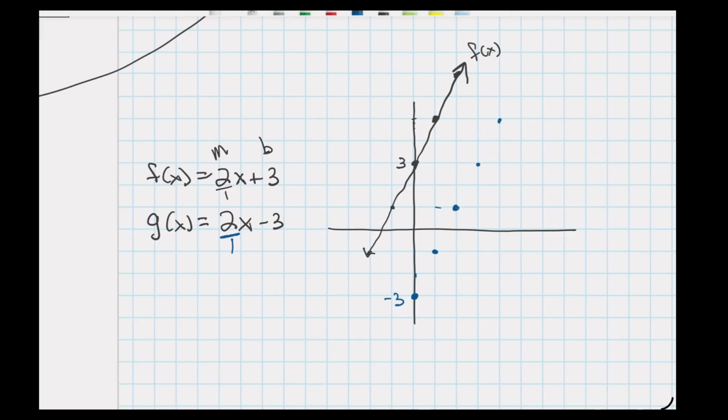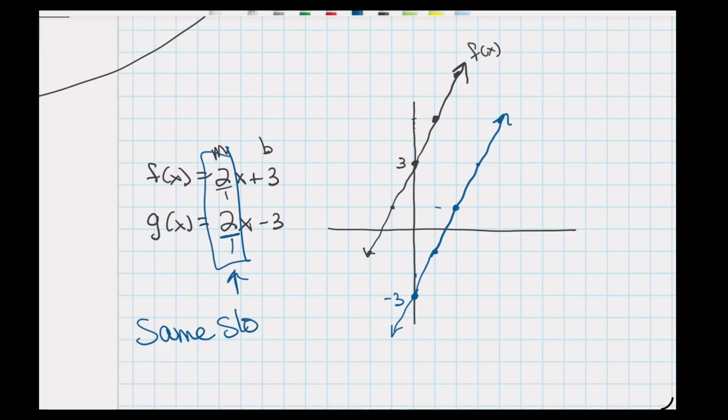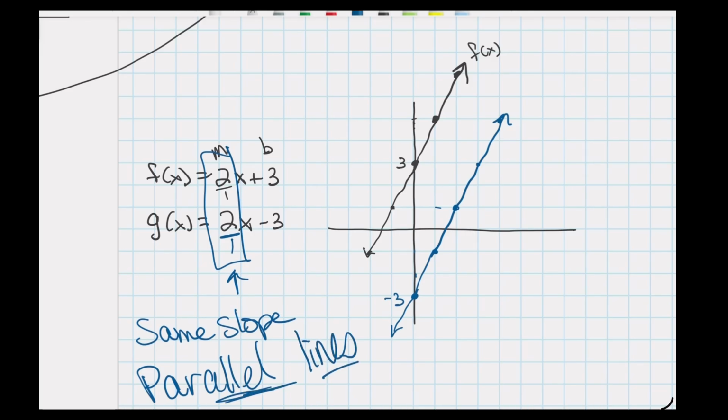So what I have for this line is this graph. And what should we be getting out of this? Same slope, parallel lines. If they have the same slope, they will be parallel lines.